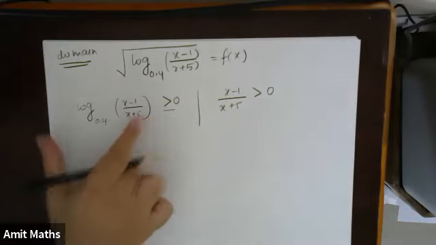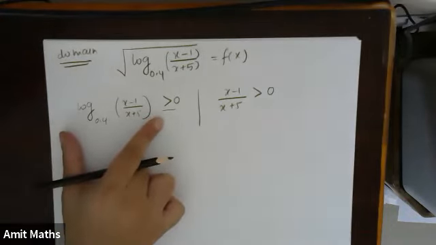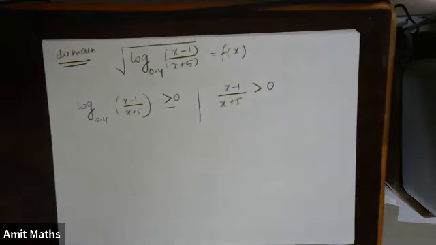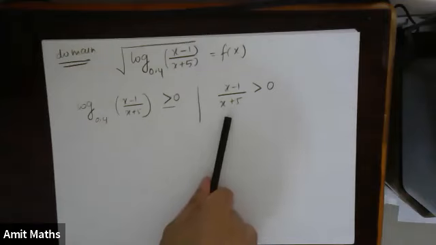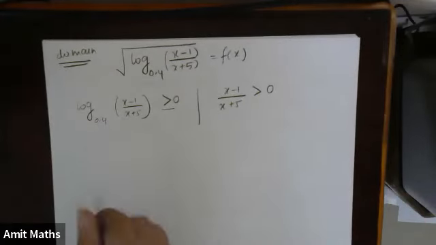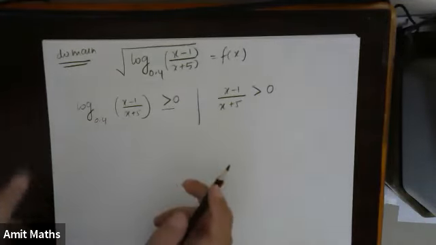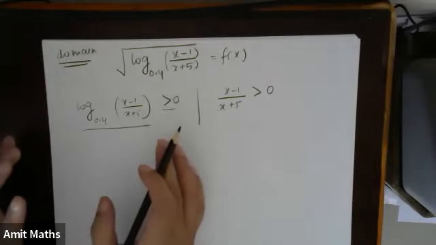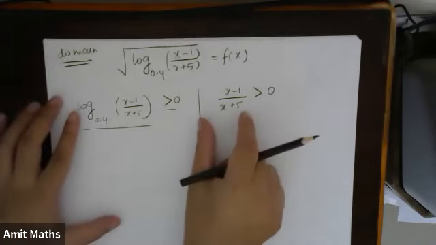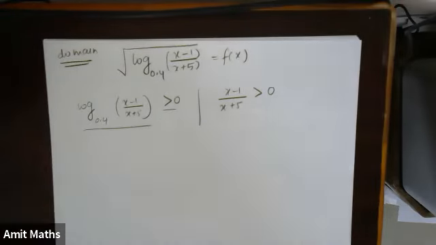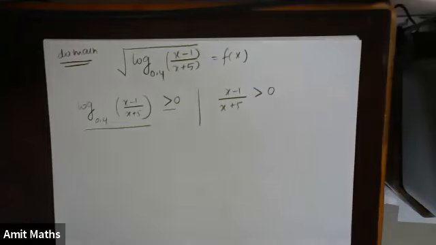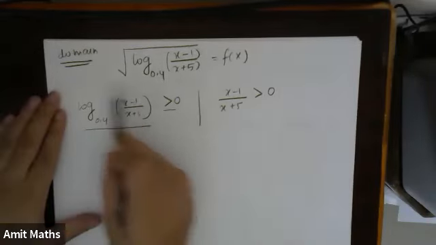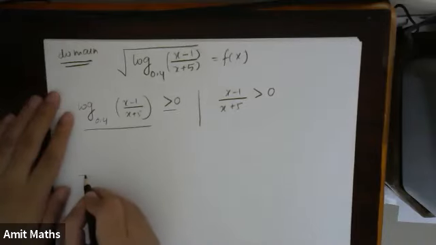Why does this have to be greater than 0? Because this is inside the log. So we will have two different things to solve: first, the log part has to be greater than or equal to 0, and second, this part has to be greater than 0. Okay, fine, very good. Now if this whole thing has to be greater than 0, let's see a condition.